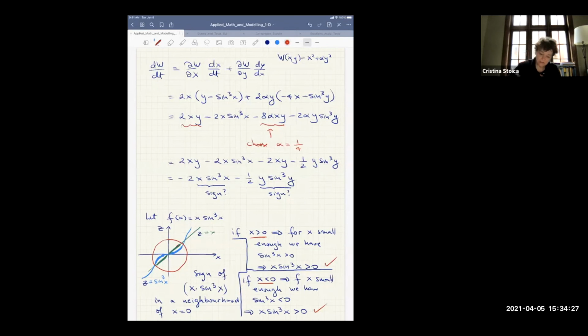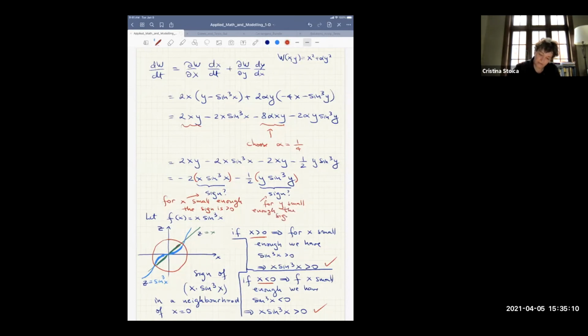So for x small enough, positive or negative, the sign is positive, right? So I'm referring to this bit. And then by the identical reasoning, this thing here will be, for y small enough, the sign is positive, right?